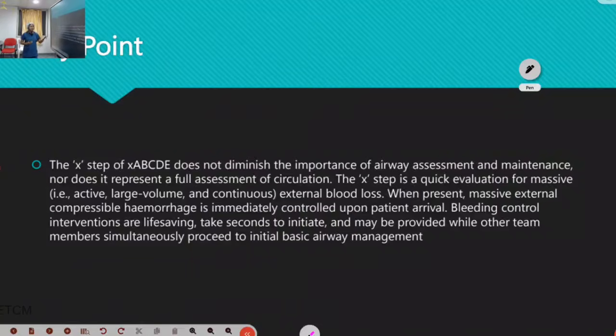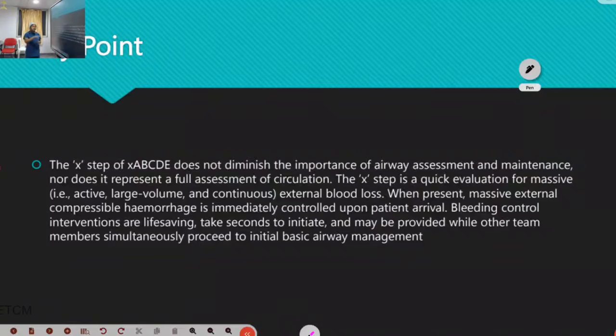So the X step of X-ABCDE does not diminish the importance of airway assessment and maintenance, nor does it represent a full assessment of circulation. So as I mentioned before, we are not placing the circulation part prior to the airway. The X step is a quick evaluation for massive, that is active, large volume and continuous external blood loss.